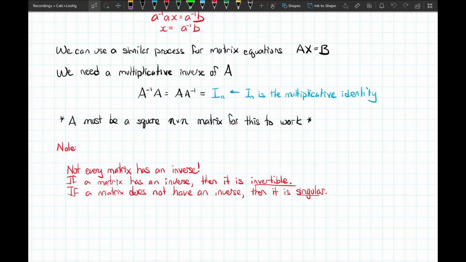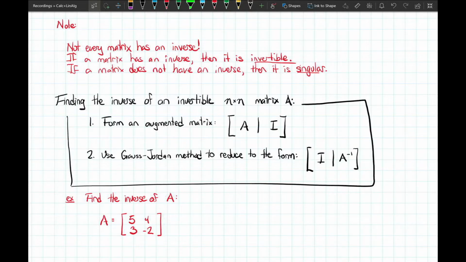Okay, now what is the process for finding an inverse? If we have an invertible matrix that is n by n, then we form a very special augmented matrix that has more than one column of constants at the end. We form the augmented matrix that has the matrix A on the left and the n by n identity matrix on the opposite side of the vertical divider.